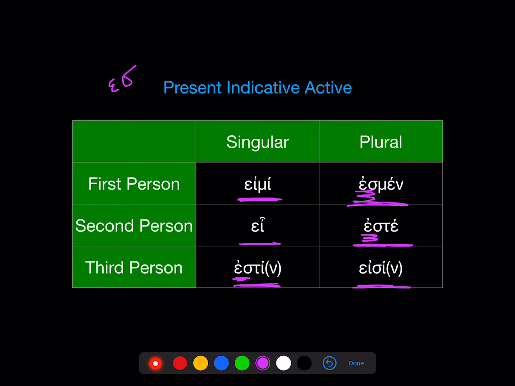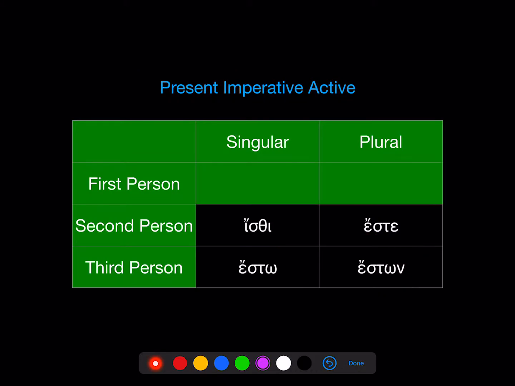In the first person singular, second person singular, and third person plural, the s has dropped out. And then to make up for the missing s, we get compensatory lengthening. So the epsilon lengthens to epsilon iota. Okay? So that's the present indicative active.